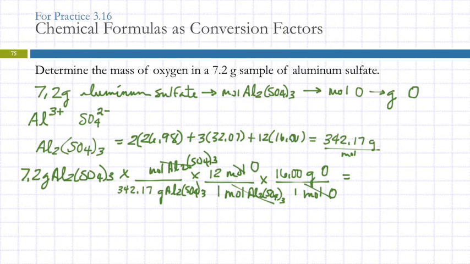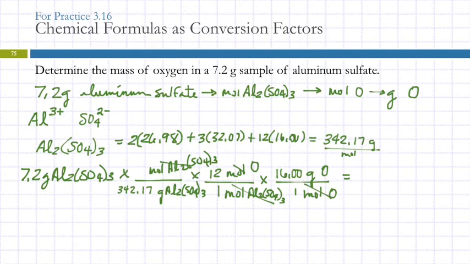If I wanted to get a calculation like this correct, I would not try to do it in my head by just punching things into my calculator. I would write it out. You should write it out too. You shouldn't try to do stuff like this in your head. So 7.2 divided by 342.17 times 12 times 16 equals.